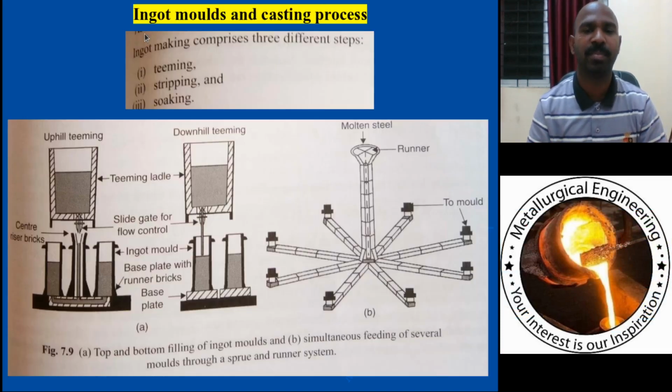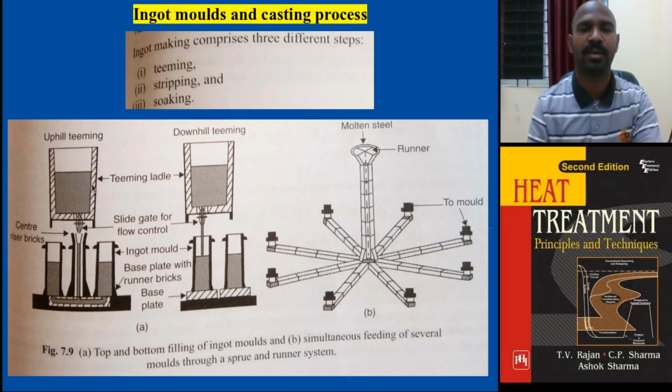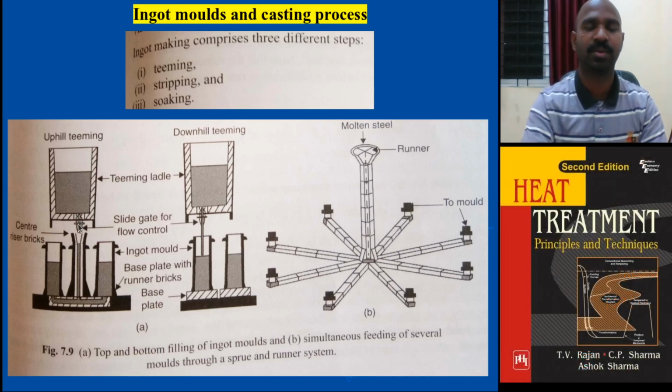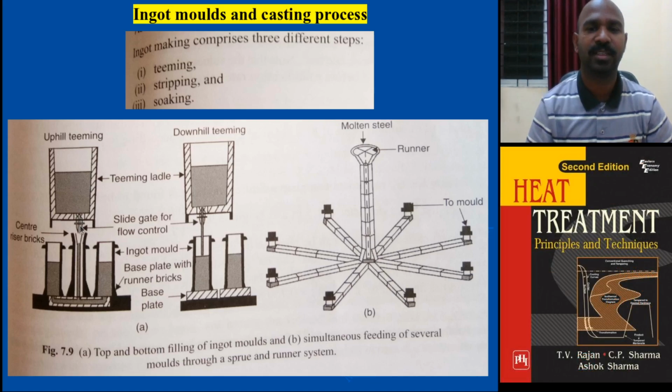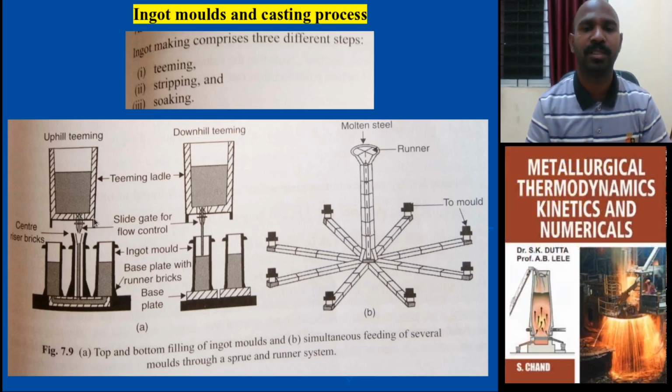Now let me take a few examples of ingot molds and the casting process. Initially you take liquid steel and fill it in the ladle and allow it to flow through the bottom plug, which is controlled with a sliding gate for flow control of the liquid steel.